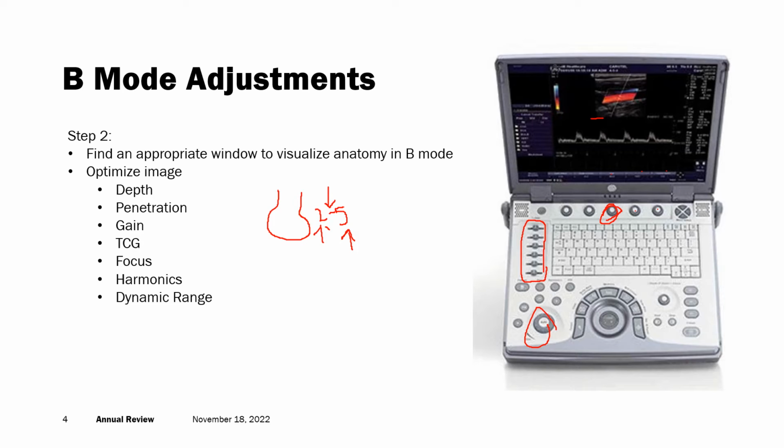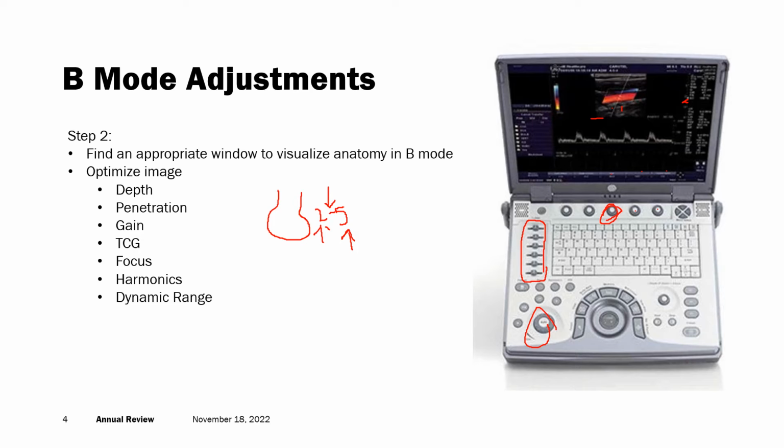All right, so then we have our focus, and our focus is one of those things that usually you'll see as a little arrow or something to the right side of your screen. This particular one looks like it's very small, but it's set right here. And you probably remember that the focus is able to optimize your lateral resolution, which is your resolution of items that are located side by side.